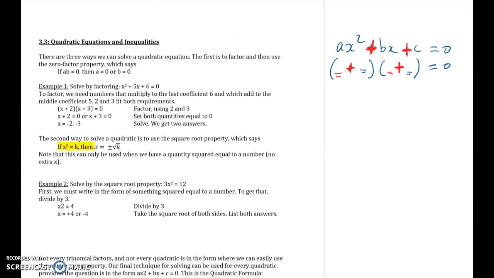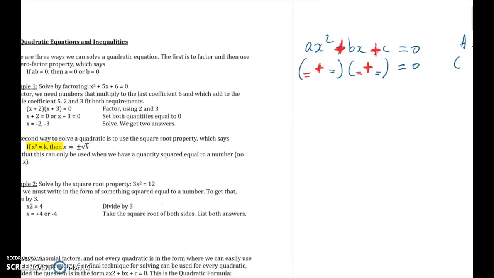So let's see if you can factor easily x squared plus 5x plus 6. When we factor it, you need to remember that this term times this term will give you ax squared. The last term will give you c.